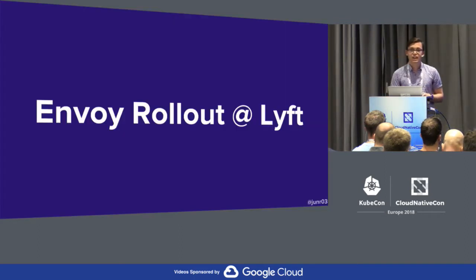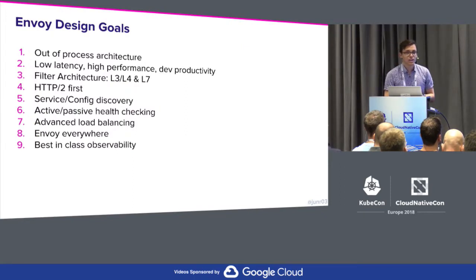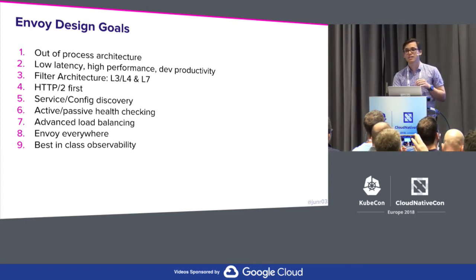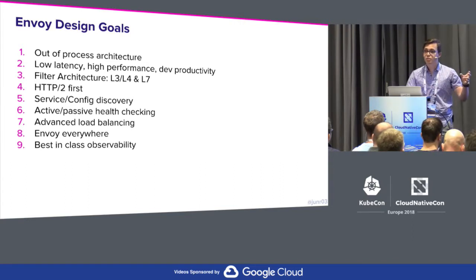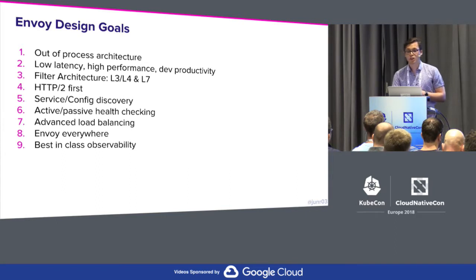So before I get to configuration management and how we hide complexity, I want to touch a little bit about Envoy itself, and given this is an intro talk. So Envoy is a networking proxy. It's out of process architecture. This means that it is not a library that service developers import. It sits as a different process in your host.